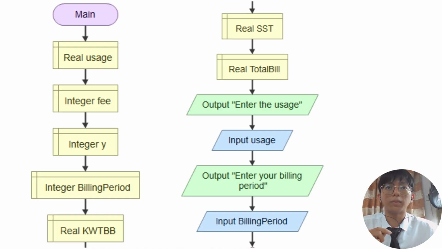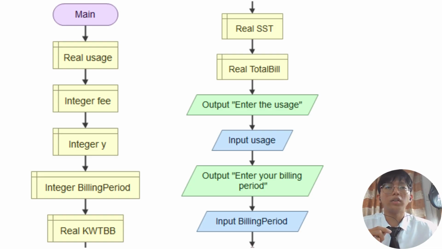Then the y will be estimated, and the time period is the duration in days we need to pay the bill. Next are KWTBB and SST, which are additional charges for the bill, and the total bill, which includes the fee, KWTBB, and SST.